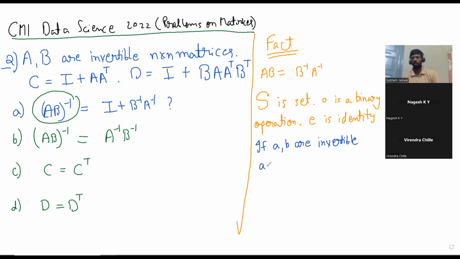This just means there is some inverse: there is a C such that A times C is equal to identity, and also obviously C times A. That's what invertible means. The C is the inverse, which we usually write as A inverse. So let me say A and B are invertible means that there is a C such that this happens.